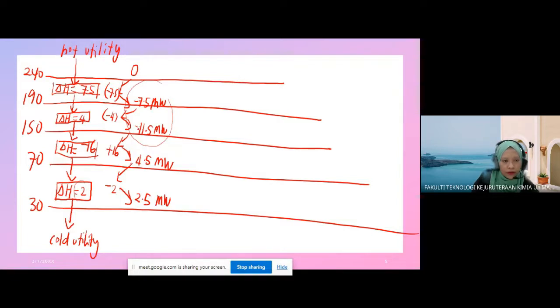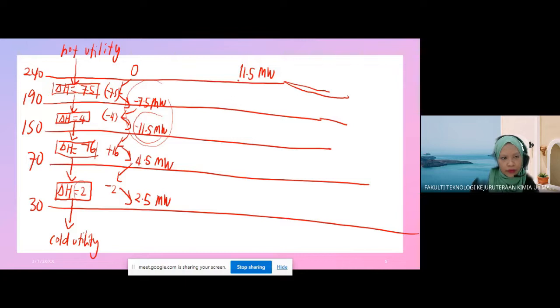Now you take the highest negative value as your hot utility on the second cascade table. So you start with the maximum negative value. You put your hot utility as 11.5 megawatt.